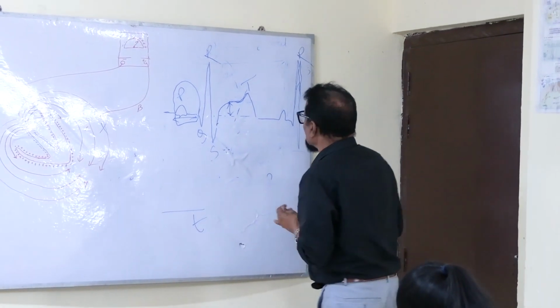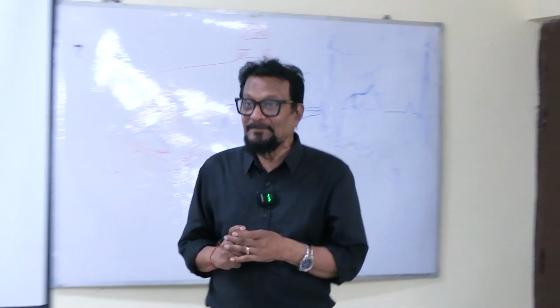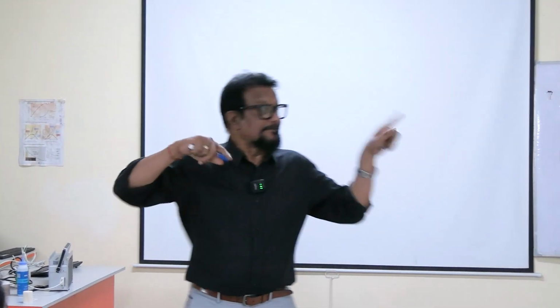Another last thing: the P wave represents the depolarization of the atrium, so this is the only wave that represents the atrium. Atria can undergo enlargement: the right atrium, the left atrium, or both. How can you identify it? Normally the P wave is up to this limit, and the top is rounded.